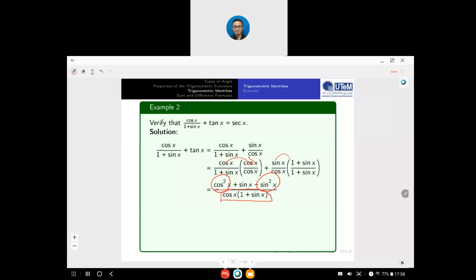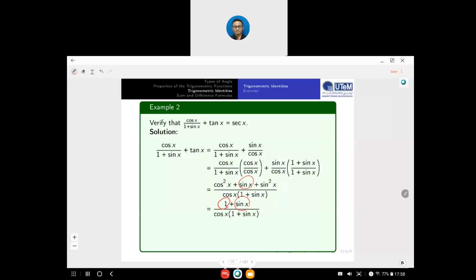Pythagorean identities state that cos square x plus sin square x equal to 1. So that will become 1, so it becomes 1 plus sin x. The rest here, divide by cos x times by 1 plus sin x.